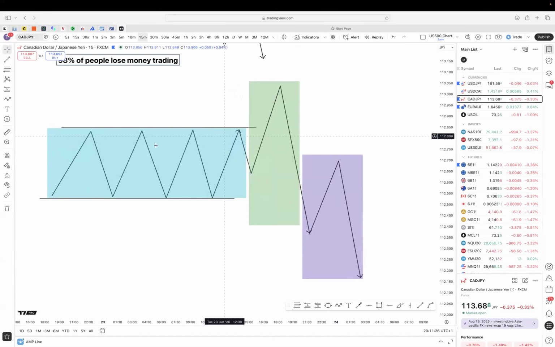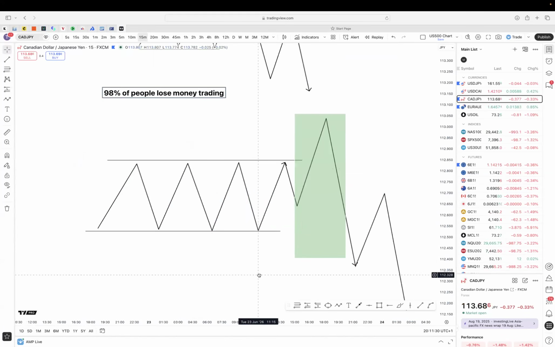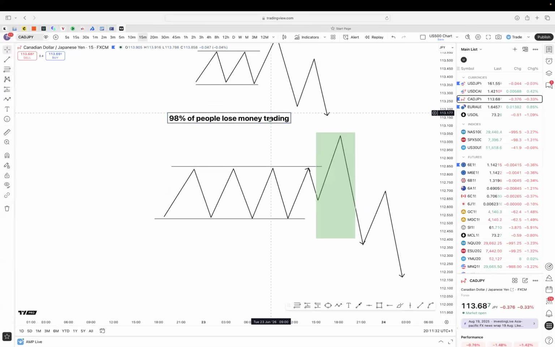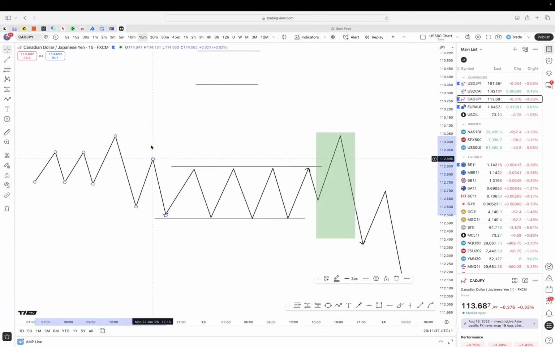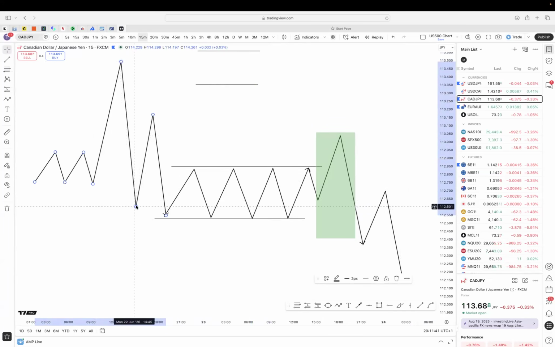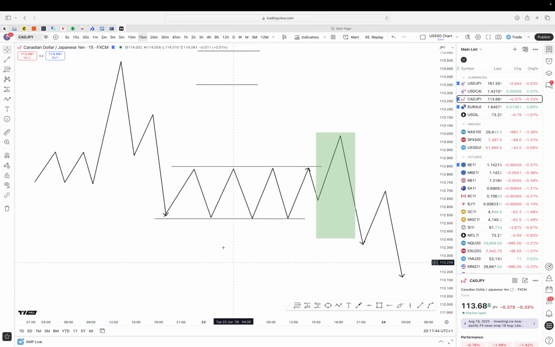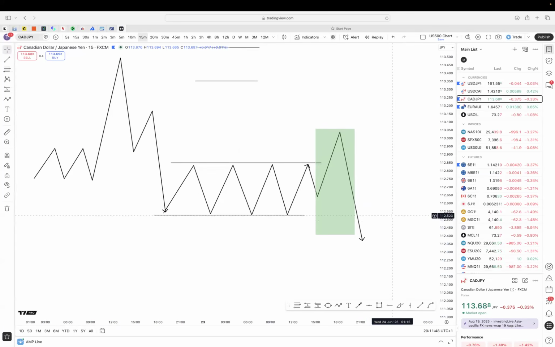When I see a manipulation move in the market, and let's just say, for example, this move is a result of a much bigger sort of bearish move, if you like. And after I've seen something like this, then it's go time for me. My entry will always be either somewhere around here or maybe somewhere inside of this manipulation move here.